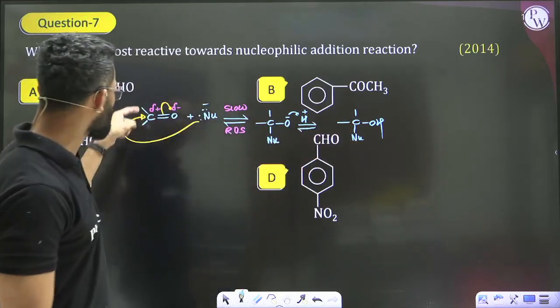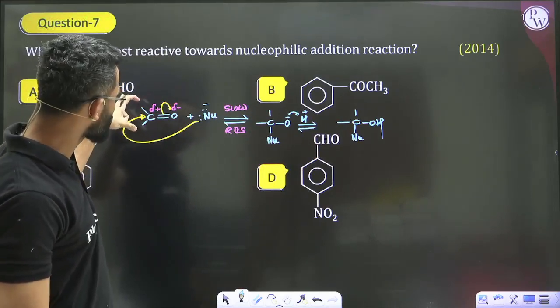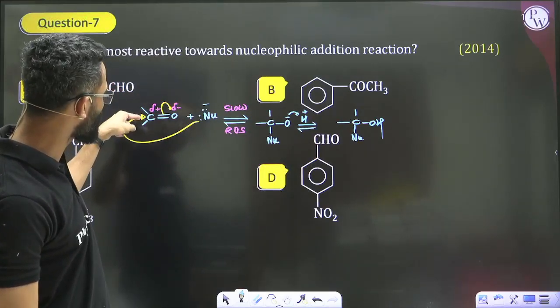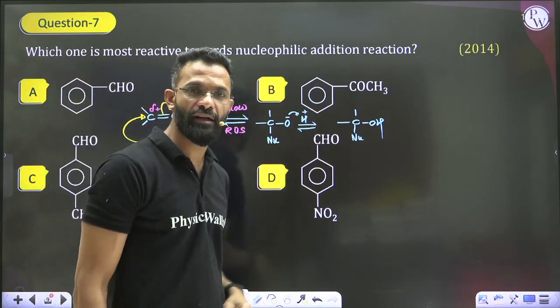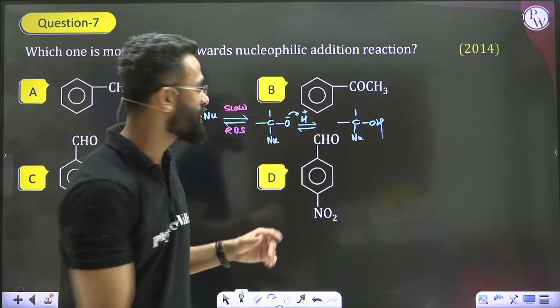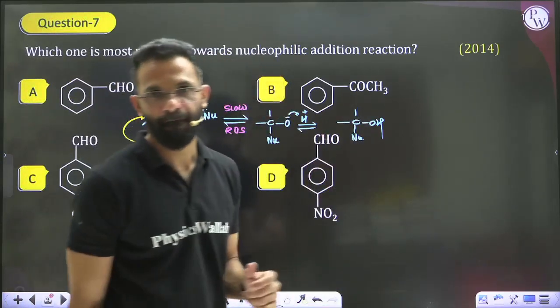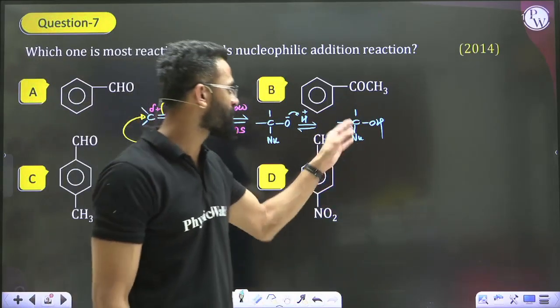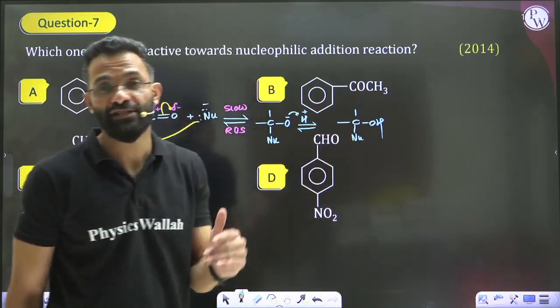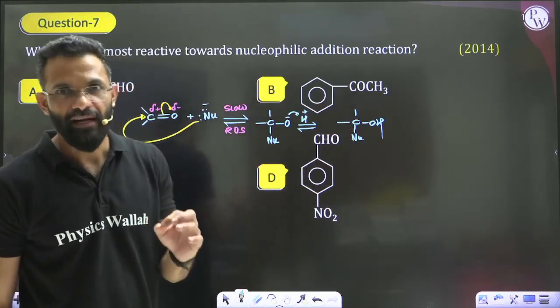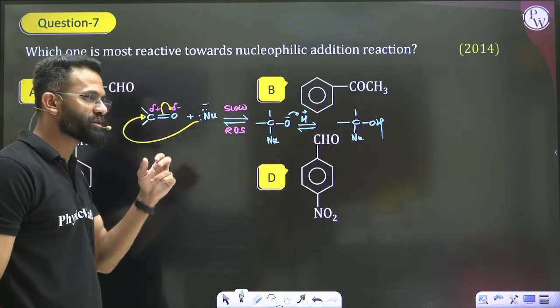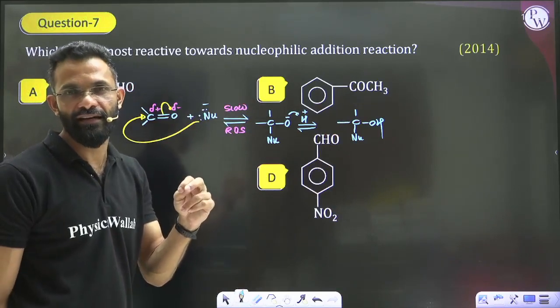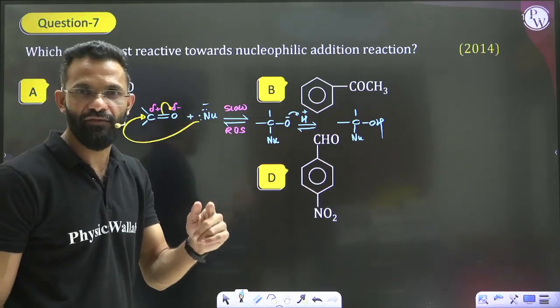So if the 2 groups present here are bulkier, then those 2 bulkier groups here are separated by an angle of 120 and here they will be separated by 109.5, meaning bulkier groups will come relatively closer. As a result of which the product formed is not going to be that stable, meaning the group attached at this carbonyl carbon has to be smaller in size so that steric hindrance will be lesser. That is one of the factors.